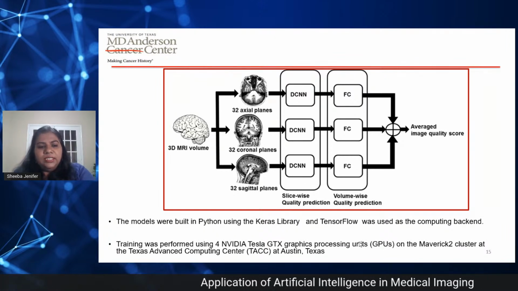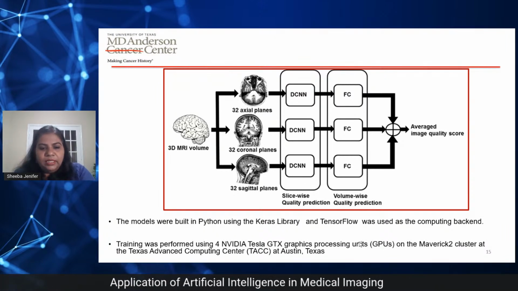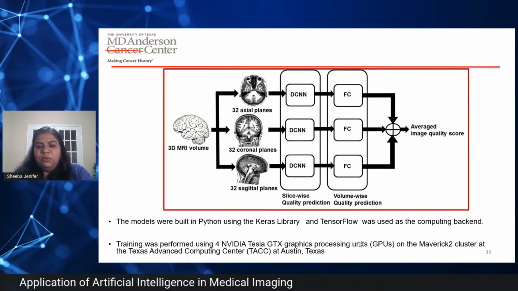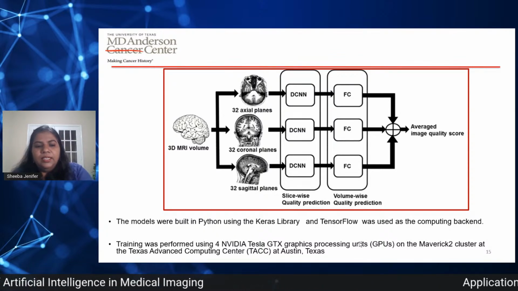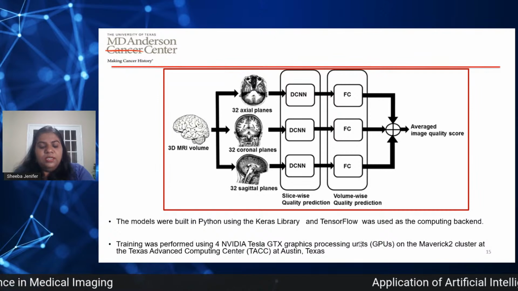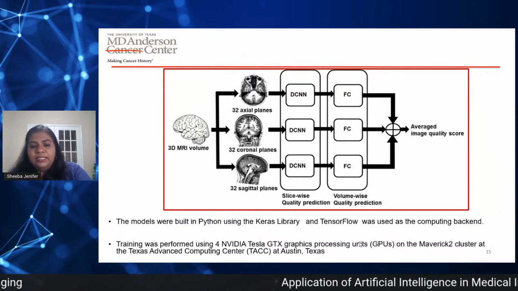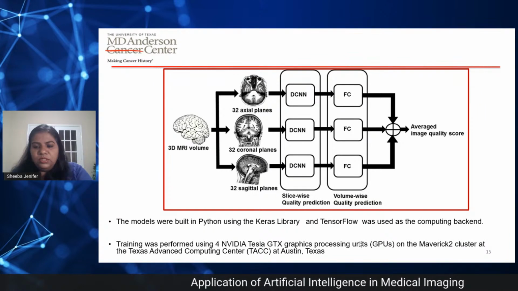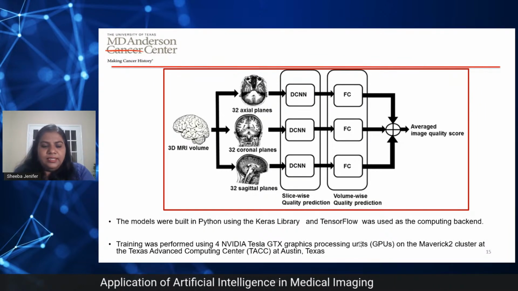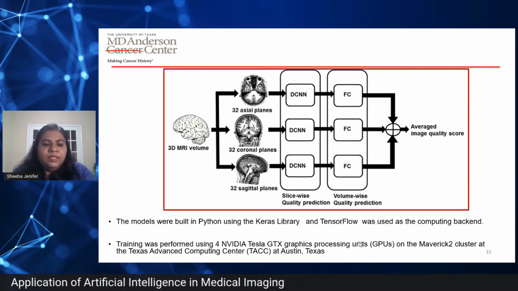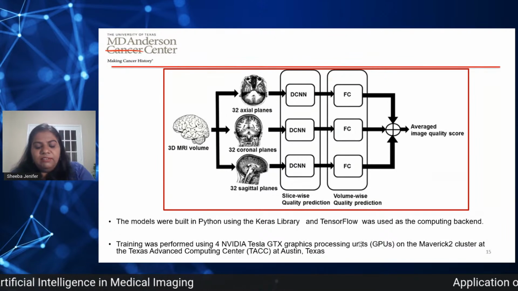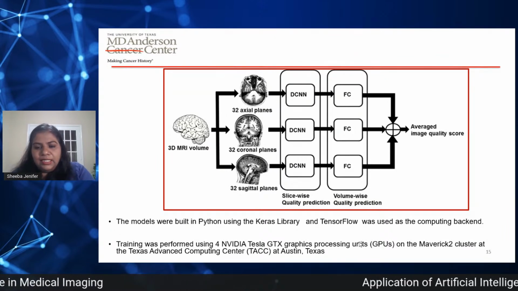For training these models, we used Python with the Keras library, and TensorFlow was used as the computing backend. Training was performed using 4 NVIDIA Tesla GPUs on the Maverick cluster at the Texas Advanced Computing Center. I'll discuss more about the Texas Advanced Computing Center in my last slide.